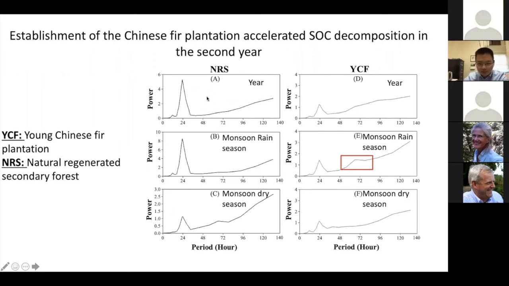They have carbon sources over 24 hours, but the young Chinese fir plantation also has a power at the long period, which indicates the YCF also accelerated the SOC decomposition in the second year.